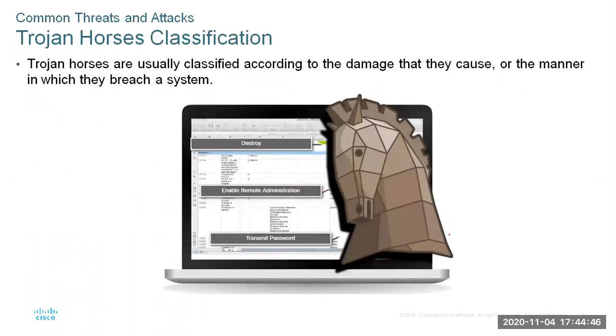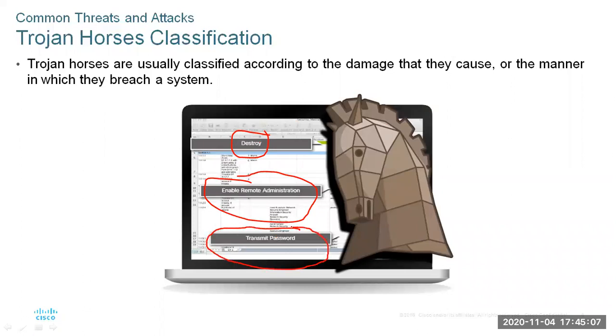So Trojan horses are usually classified according to the damage that they cause or the manner in which they breach the system. All right, some of them destroy, some of them enable remote administration, some of them transmit passwords.